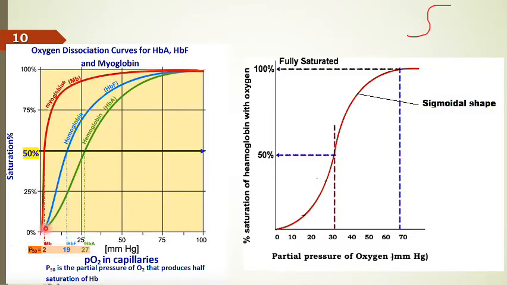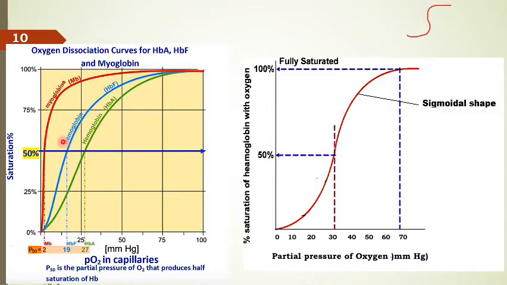Again, the hemoglobin delivers oxygen easily. At 20 millimeter mercury in the tissue, the hemoglobin delivers 60% of its cargo of oxygen to the tissue. If you look at hemoglobin F, the fetal hemoglobin, look at 20 millimeter mercury, the pressure of oxygen in the venous blood, you go upward to the blue color.